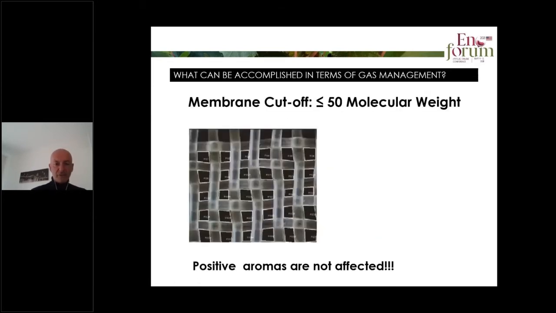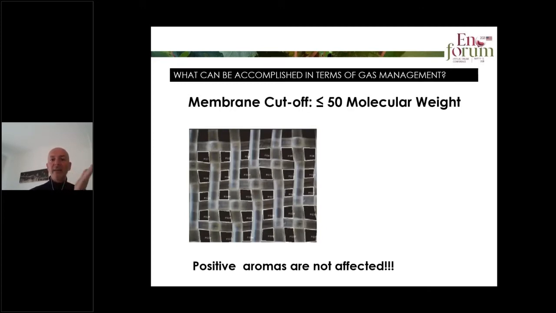Now, just a few slides to simplify the way that the membrane contactor works. The membrane contactor used in the Mastermind Remove Plus machine allows only very small molecules with a molecular weight below 50 to pass through the pores and be exchanged.